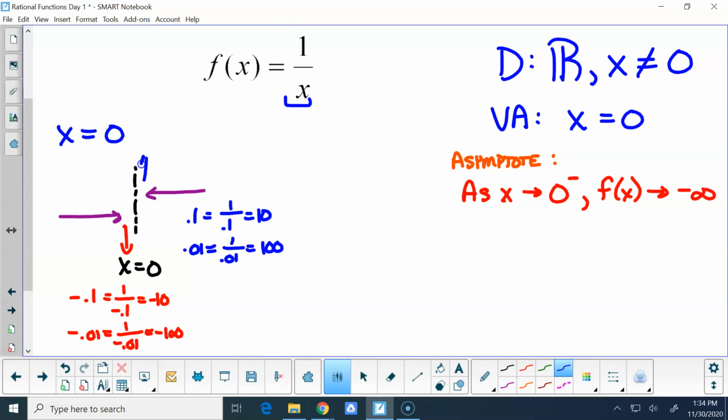On this side, it's going up. So that's skyrocketing into infinity, right? Okay. So as x is going to 0 from the right now, because now I'm on the right side of 0, f of x is approaching positive infinity.